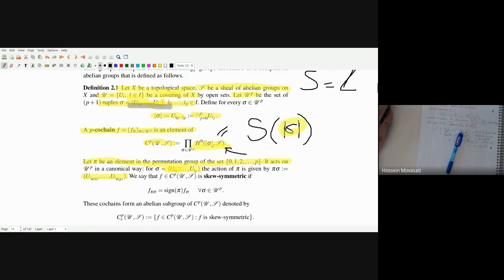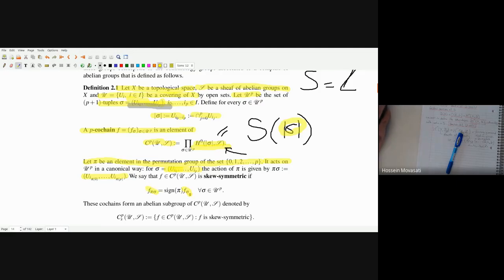We want these sections also to be independent of this permutation, but it's not quite independent, because when you take f in C^p with values in S, you have this f of sigma permuted, and then you have this f of sigma.